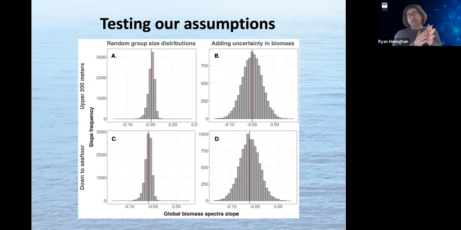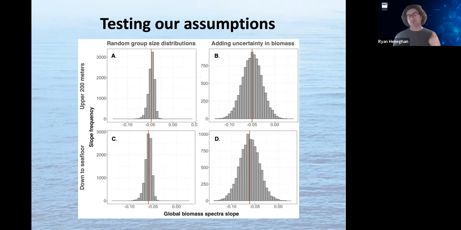But we don't only have that uncertainty, we also had huge uncertainties in the biomass of each group. So not only in how you distribute the biomass, but in how much biomass there actually is. The second column is the range of slopes that we got when you vary not only how you distribute biomass for each group, but how much biomass there actually is.